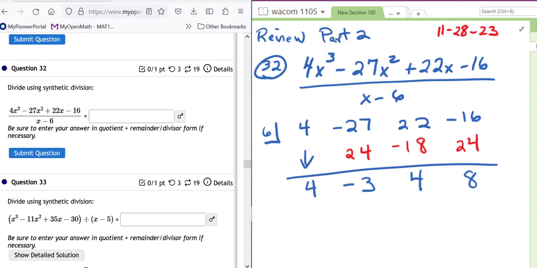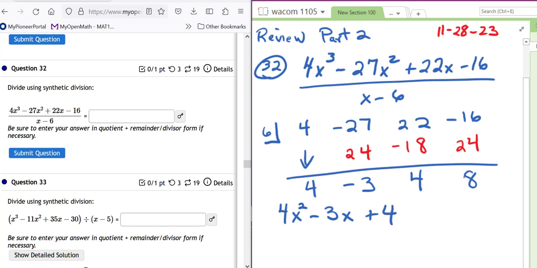All right, so now you're going to put your variables back on. You drop 1 degree lower than where you started. So we started at x cubed, we're going to now have x squared. So we have 4x squared minus 3x plus 4.